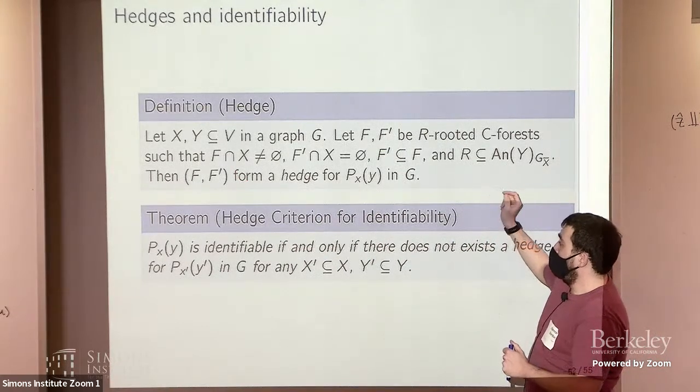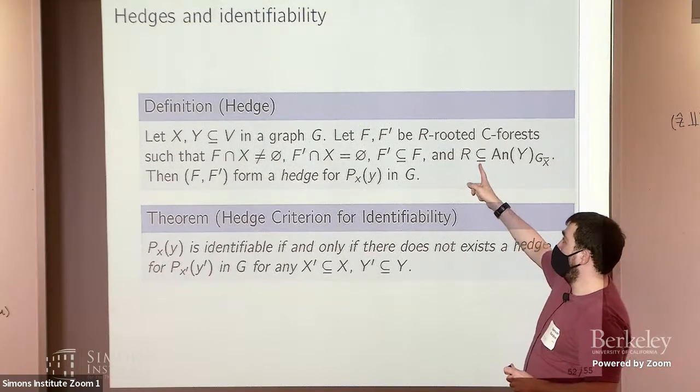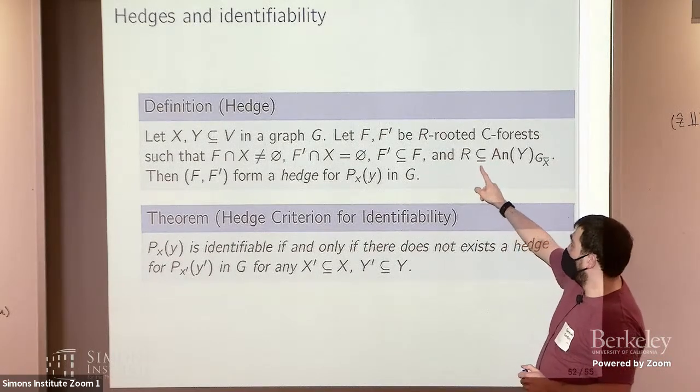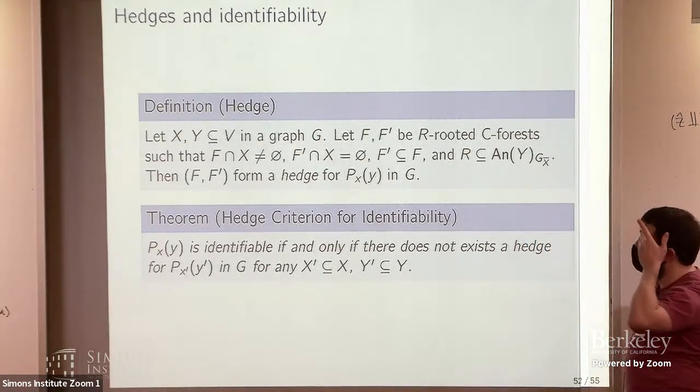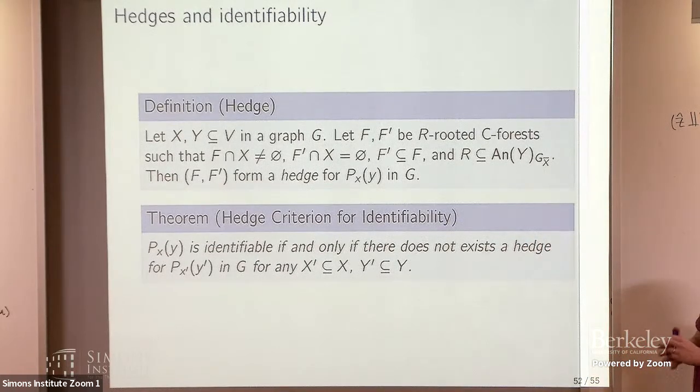And the roots of these C-forests, the set of roots, have to be ancestors of Y. So the abstract picture is something like this, and I'll then illustrate it with a concrete example, which will hopefully give you a flavor, a little bit of a taste, of why this is going to give unidentifiability.